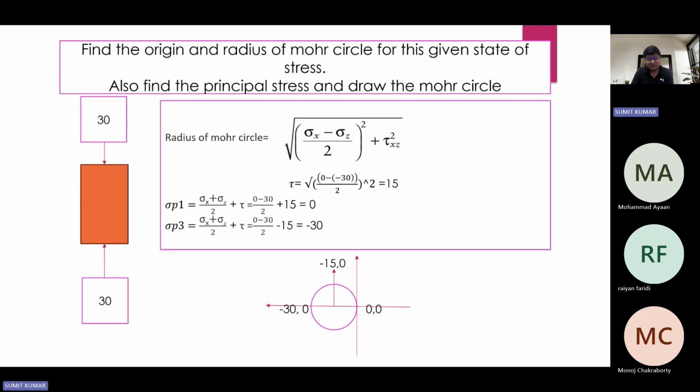Sorry. Hence for the sigma P3 value, this value changes to minus 30 as shown over here. When we draw the Mohr circle, the radius is found to be 15, and so the diameter.